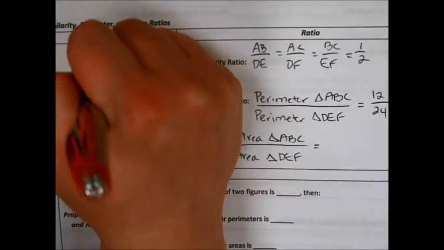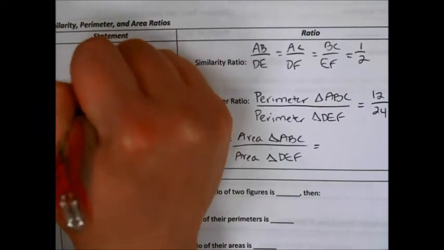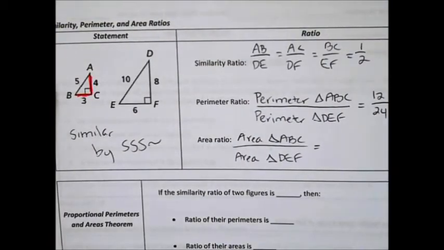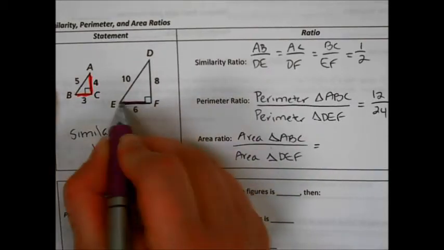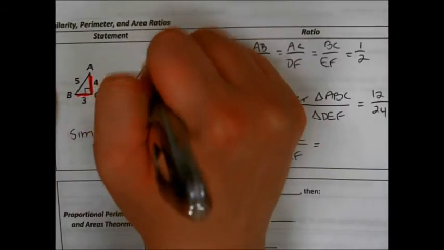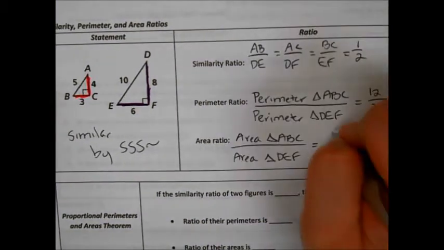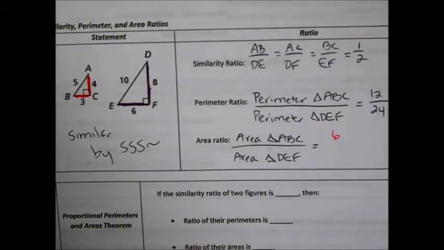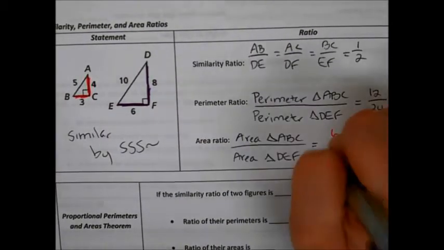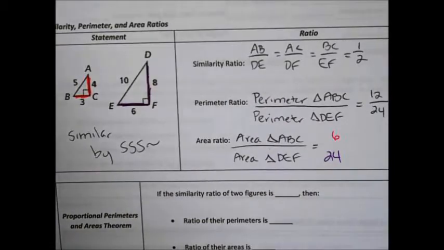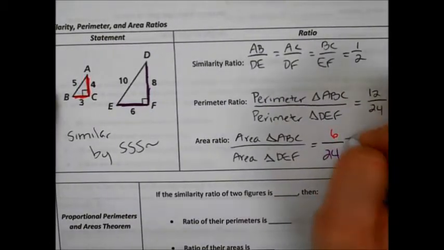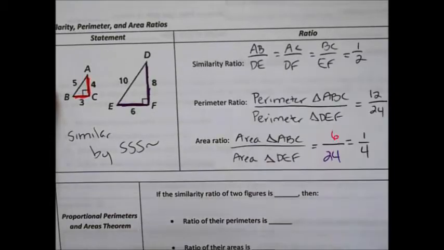If we look at the little one, this 3 and 4 are my base and height because those ones are perpendicular to each other. And the 6 and the 8 are perpendicular in my big triangle. So we can find those areas really quick. The area of the small triangle is 6, and then the area of our big triangle is 24. So that simplifies down to 1/4.